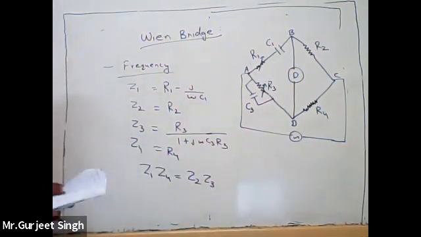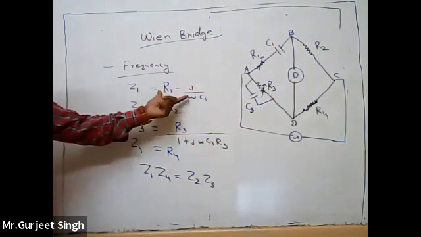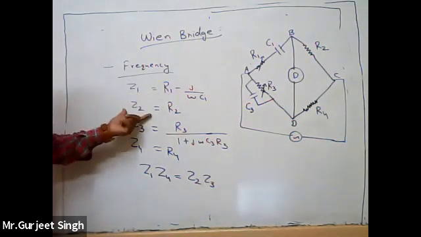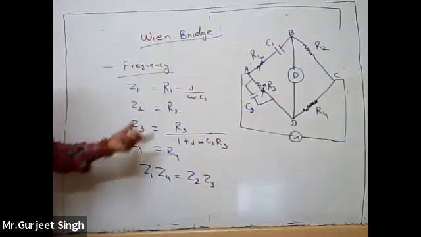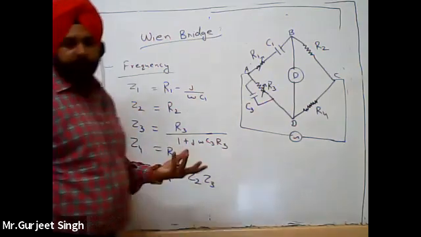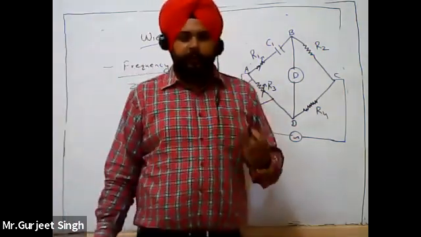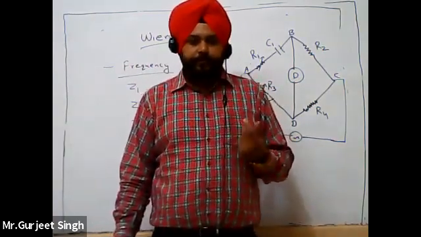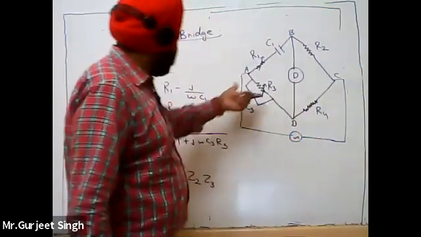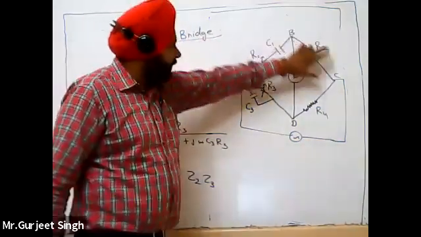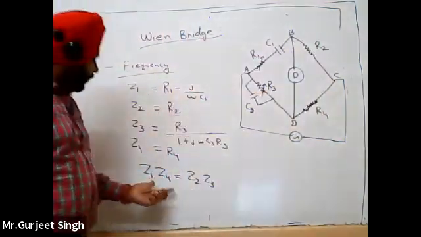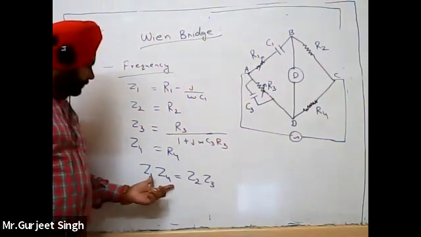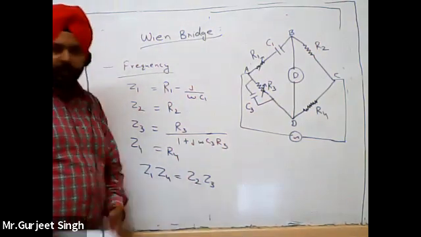So first we find the impedance of the four arms, Z1, Z2, Z3, Z4. Then we put these impedances into the equation Z1 Z4 is equal to Z2 Z3.